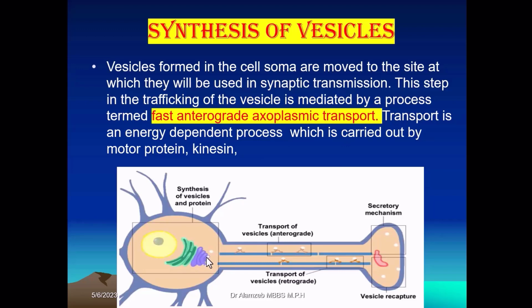When these vesicles are formed, they are loaded onto this protein known as kinesin, and it is an energy dependent process. This energy is supplied by the kinesin protein, and ultimately they transport these vesicles from the soma to the neuron terminal.